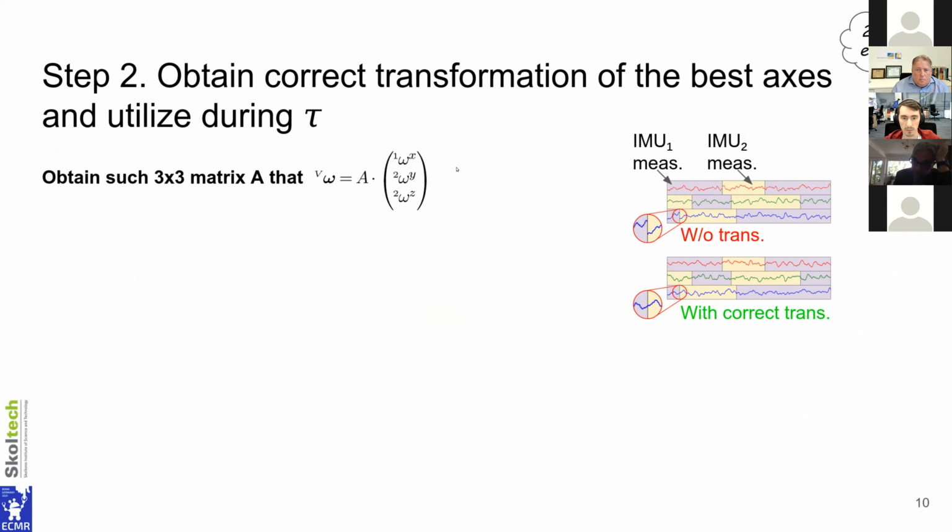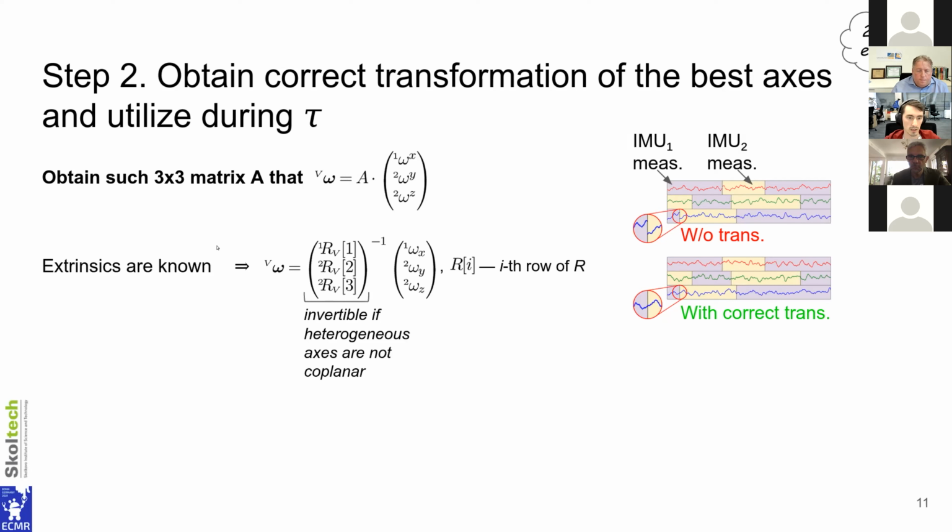If we do not provide this proper transformation, we will see discontinuity between different subsets' measurements. For example, if you stack measurements from one subset and from the second subset, we will see this discontinuity, and we want to avoid this. The proper transformation can be found easily because of the previous calibration of our sensors.